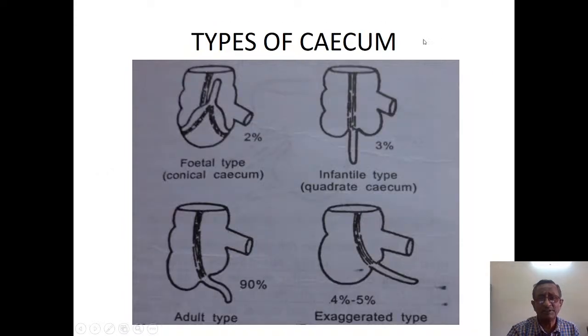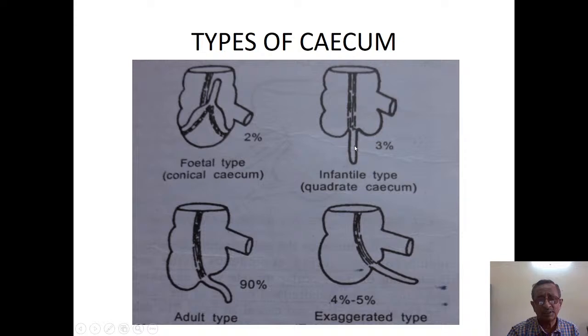And here we are seeing the types of caecum. The fetal type, wherein the apex of the caecum continues as the vermiform appendix, that is only 2%, and the infantile type, wherein the base of the caecum is flat and is divided into 2 equal halves, and from this depression in between the center we are seeing the appendix coming out.